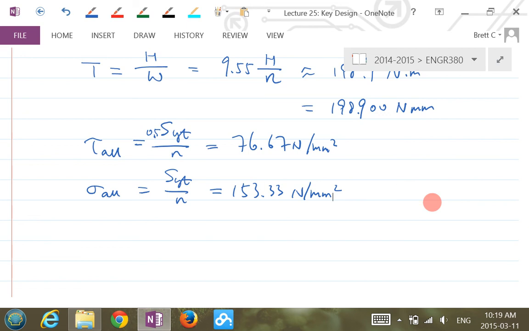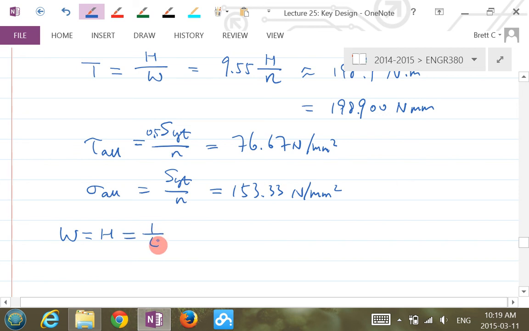We're deciding for the square key, so W should be the same as H. So we pick half of the diameter, that's 6.25 now, based on the given D. 6.25 is not an integer number, so we want to round it to an integer.